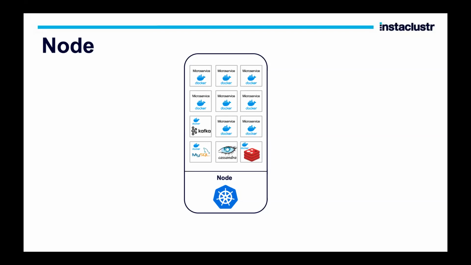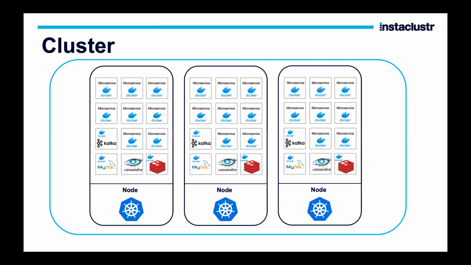But what if, let's say in this example, as you can see, we've installed microservices, we've installed Kafka as containers. But what if you needed to deploy more? I mean, what if your application goes down or the physical node goes down? You obviously need something called a cluster of those physical nodes.